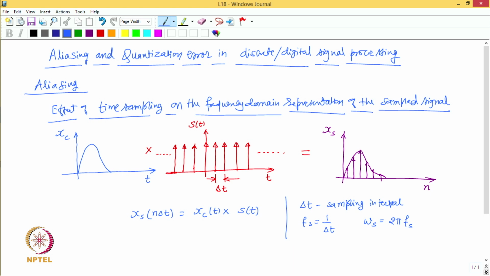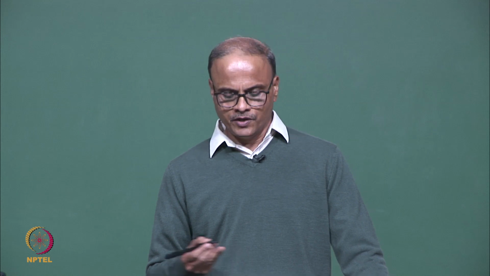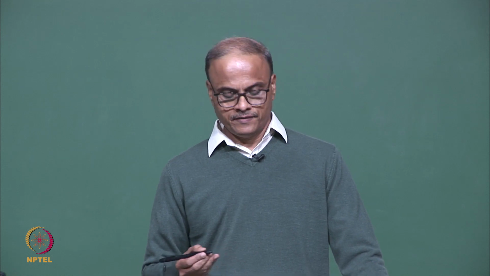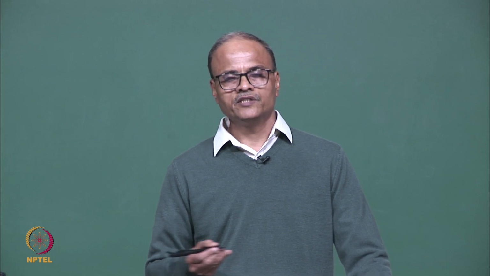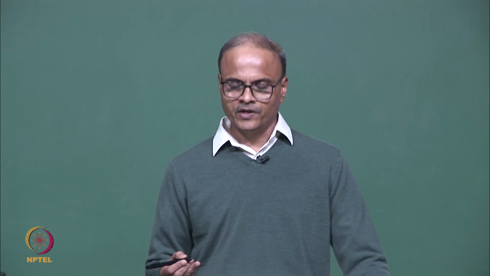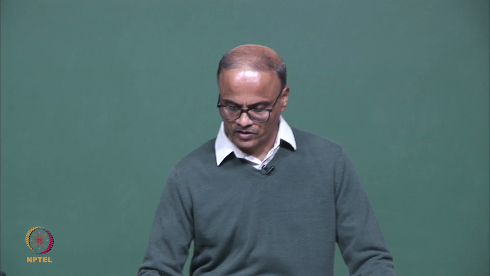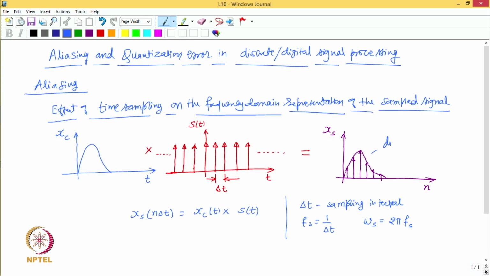So, this is basically how the sampling is carried out, and this is how mathematically the sampling can be viewed. It is basically the product of a signal s of t, which consists of a train of unit impulses, and the continuous signal to be measured. So, when this is done, what we get at the end of it is a discrete signal. So, xs is a discrete signal or sampled signal.